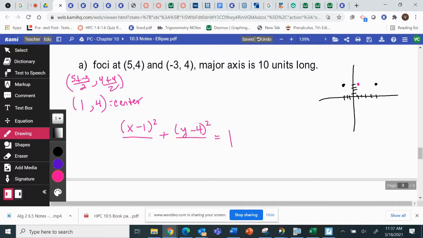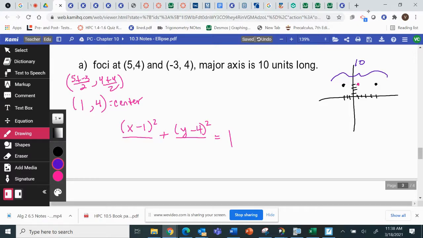So now we've got to figure out our a squared and b squared. Another piece of information it tells us is the major axis is 10 units long. The major axis is on the same axis with the foci. So from the center, if the major axis is 10 units long, that's the total. How far is one side? 5.